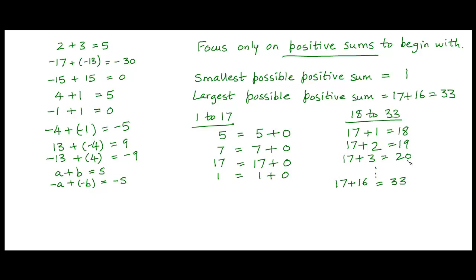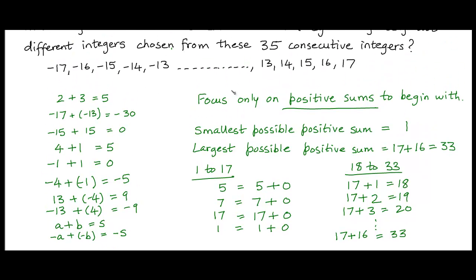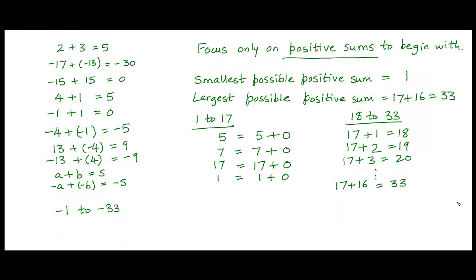And by the same exact argument, symmetry tells us that all the negative numbers from -1 to -33 can be generated as negative sums. It is always possible to pick two numbers from the given set which add up to any arbitrary number in this range.